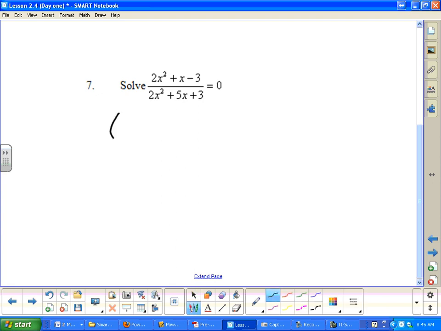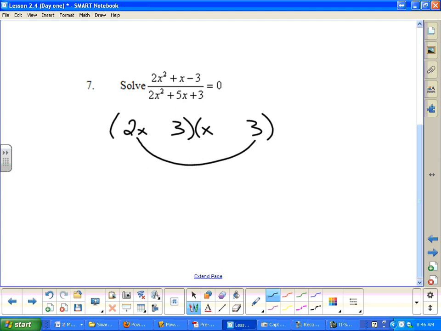So let's think through what I was saying for factoring. We want the factors of -6 that add up to 1. So 3 and 2. That means if this is 2x, then the 3 has got to be here, because if the 3 is over here, I'm going to end up with 6 when I multiply them together, and I don't want 6.